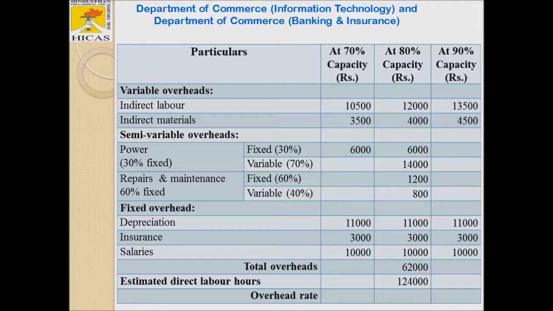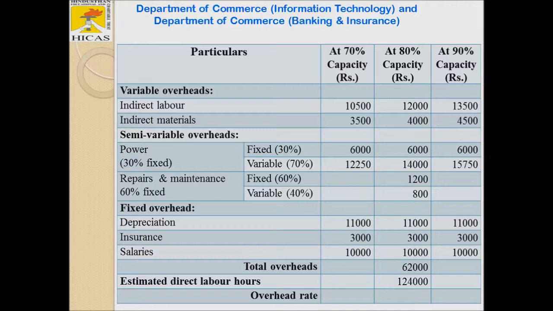Now we will move to the semi-variable portion. Since 6,000 is fixed, it has to remain constant at any level of activity. So we write the same 6,000 for 70% capacity and 90% capacity regarding power. Now we will concentrate on the variable portion. If we spend 14,000 for 80%, then for 70% it arrives at 12,250. Similarly, for 90%, it is 15,750.